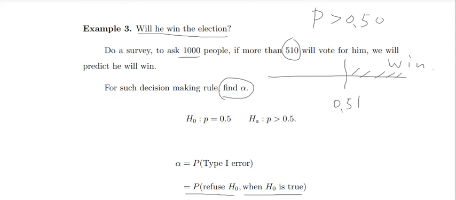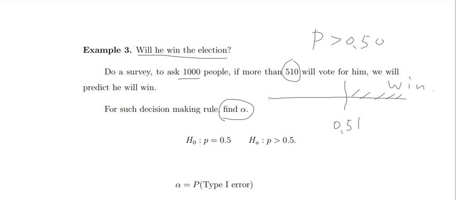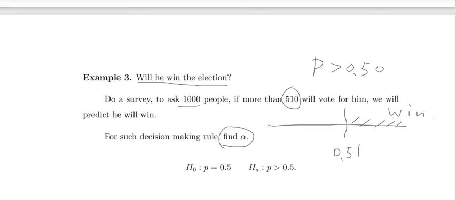Here we just put H0 as equal: p equals 0.50. The null hypothesis is always equal, even though this guy claims he will win the election, meaning his claim is actually p larger than 50%, more than half.